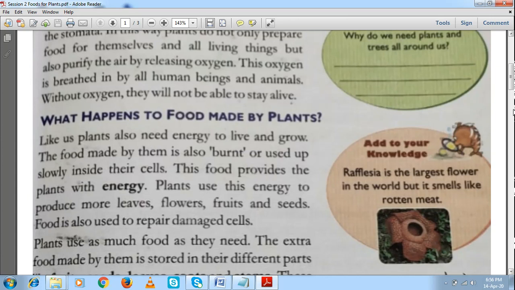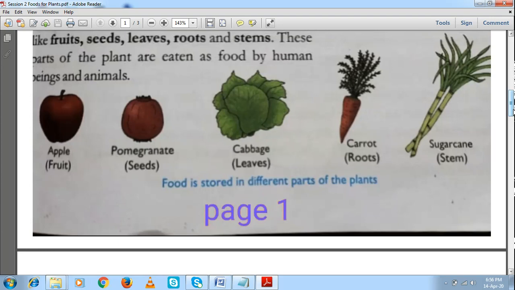The food which they have prepared, plants use, and later on they store the extra food in the form of fruits. At times they also store that food in their stem or in their leaves or even in their roots.